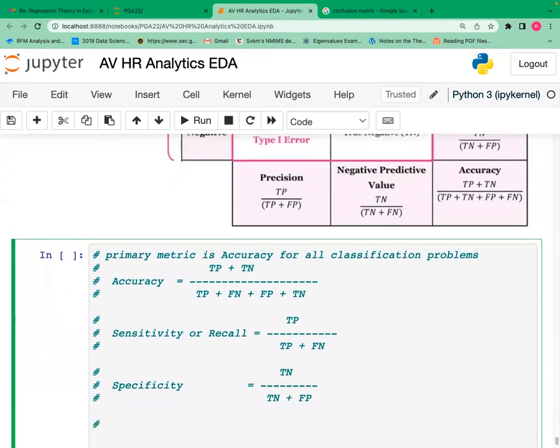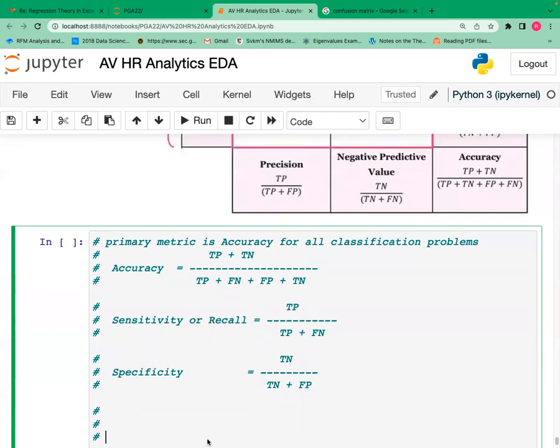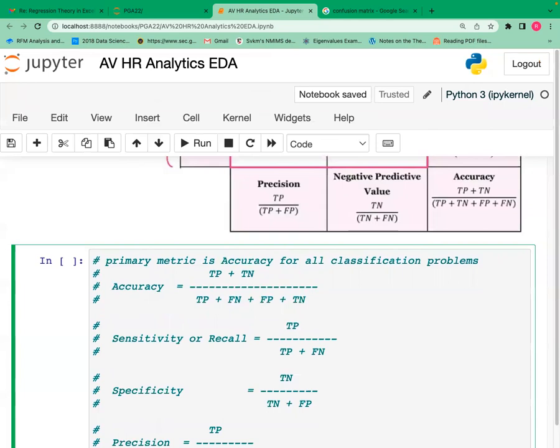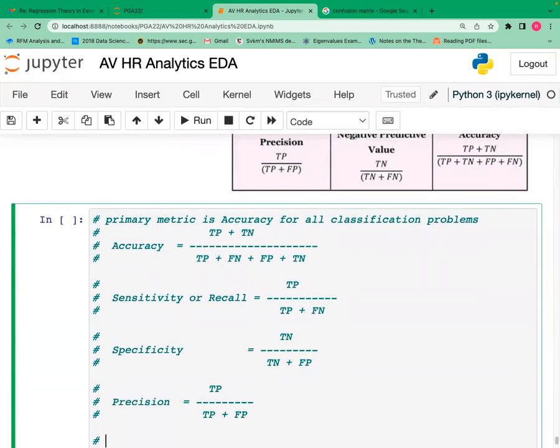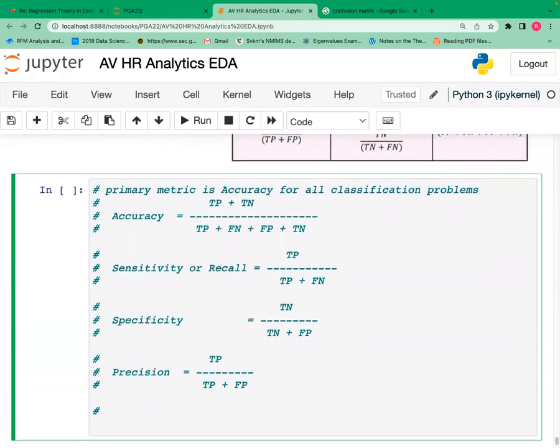Then we have one more formula called precision. Precision is true positive divided by true positive plus false positive. And then we also have one more formula which is nowadays considered very important, which is the F1 score.